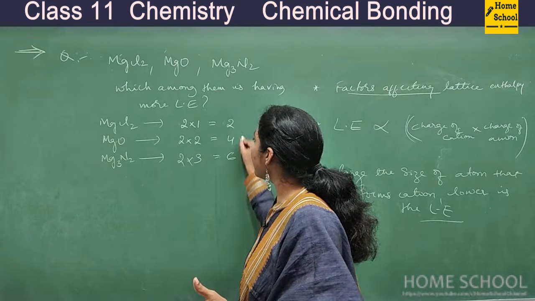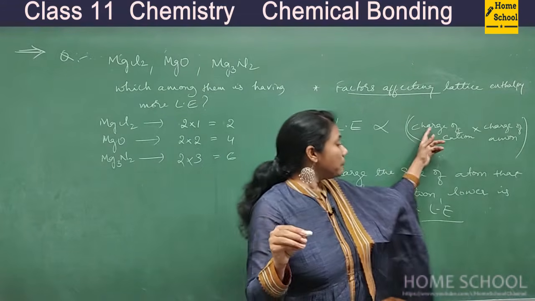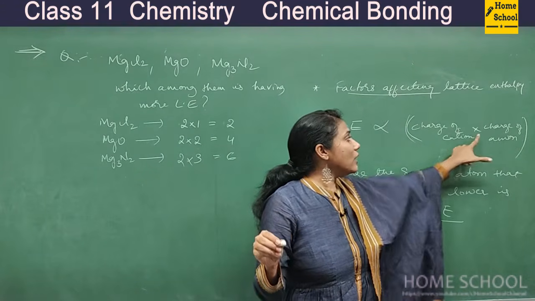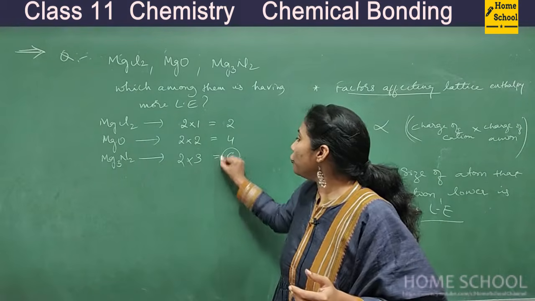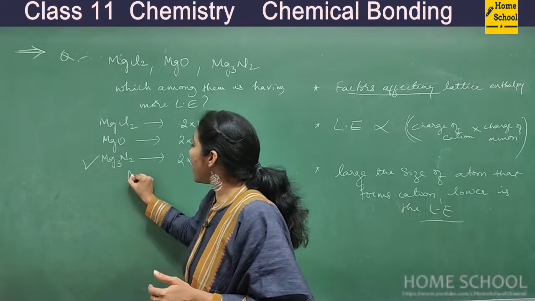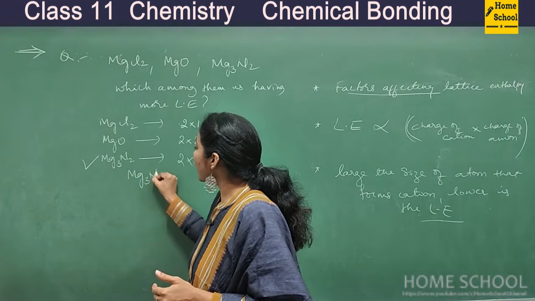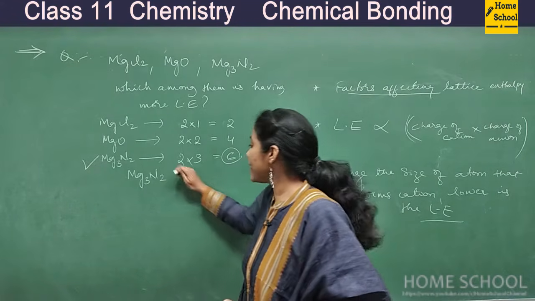So where do you get the more number? See, more the product of charge of cation and charge of anion, more is the lattice enthalpy. So more value you got in case of Mg3N2. So what is your answer? Mg3N2 is having more lattice enthalpy.